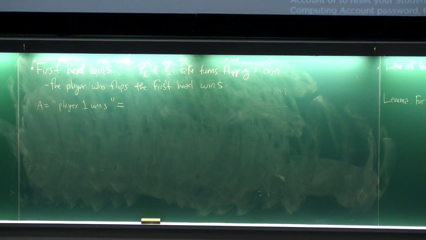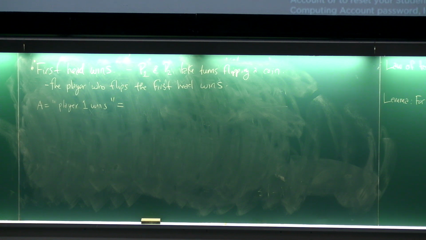Now, what does our sample space for this game look like? It's over here. It's a game where a coin is tossed repeatedly. It's changing hands from player 1 to player 2, but that doesn't matter. The game ends as soon as the first heads is tossed.